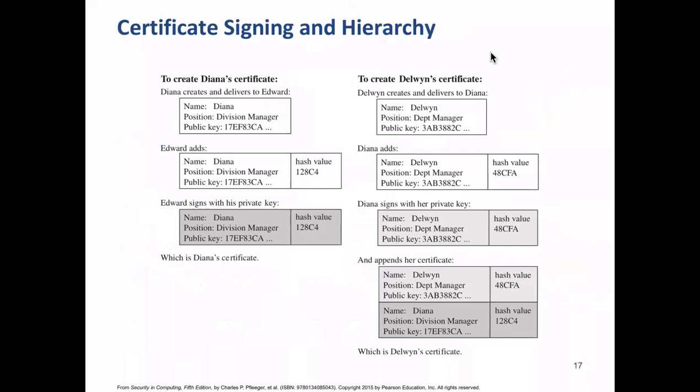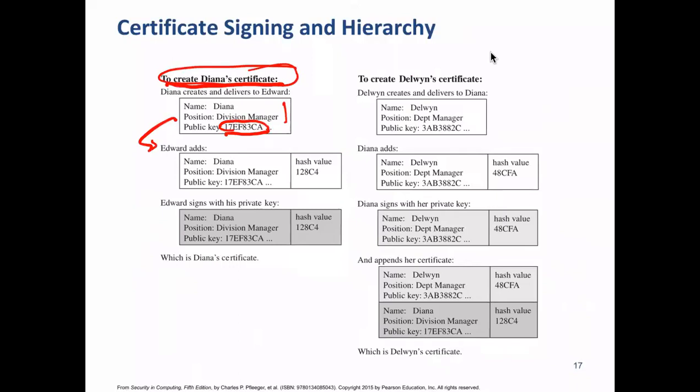So let's see. To create Dinah's certificate, Dinah is creating her own certificate. She will say, this is my identity: my name is Dinah, I am a divisional manager. And then she will attach her public key and send this to Edward. Edward is her manager.